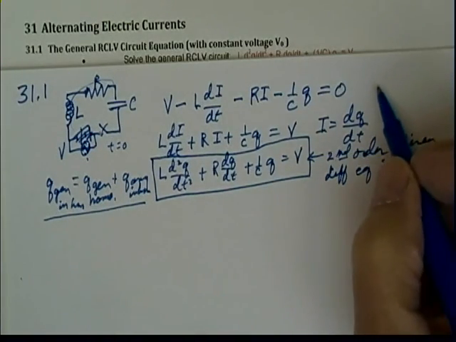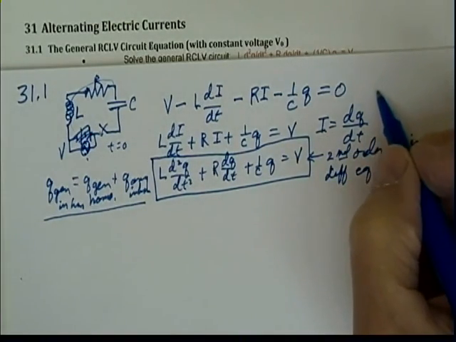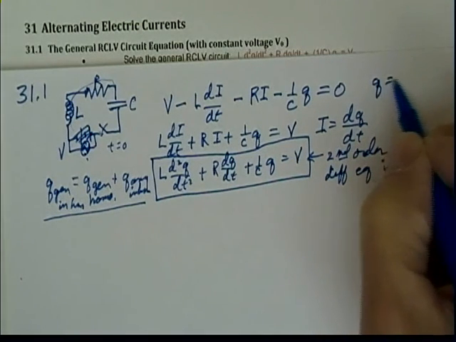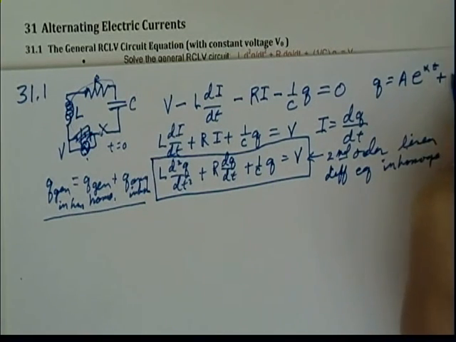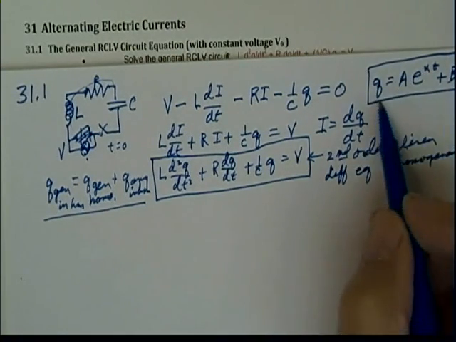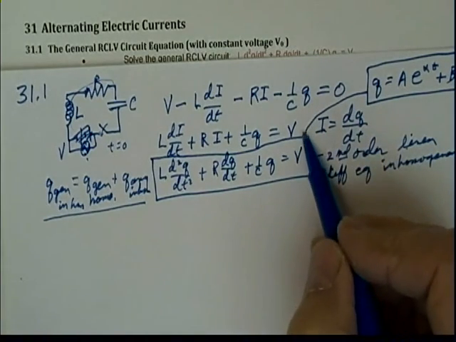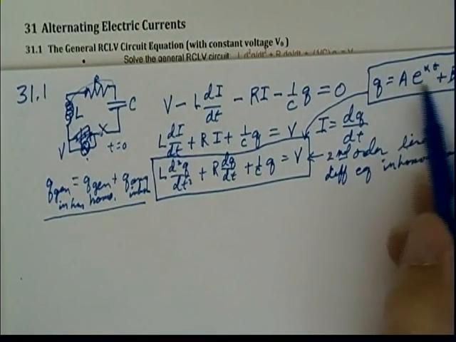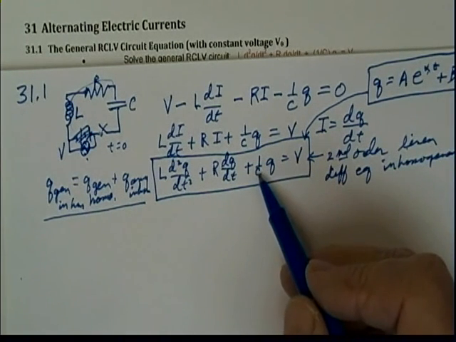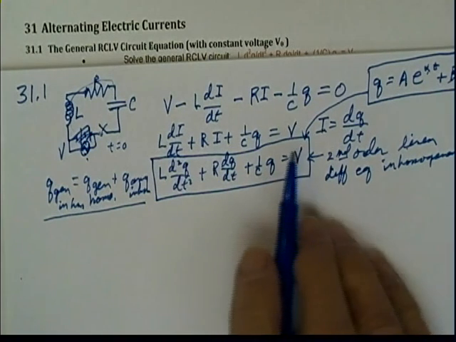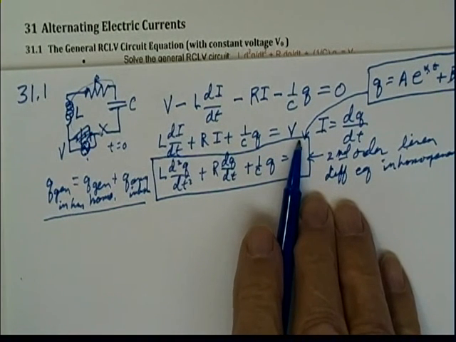Also we know that if it's a linear differential equation like this, our solution is going to be of the form Q equals A e to the alpha t, plus, if it has another term on the right-hand side, a constant B. So we're going to take this solution, try it in here, and see what this implies for the constants A, alpha, and B in order to be a solution. First we solve when our battery is 0.